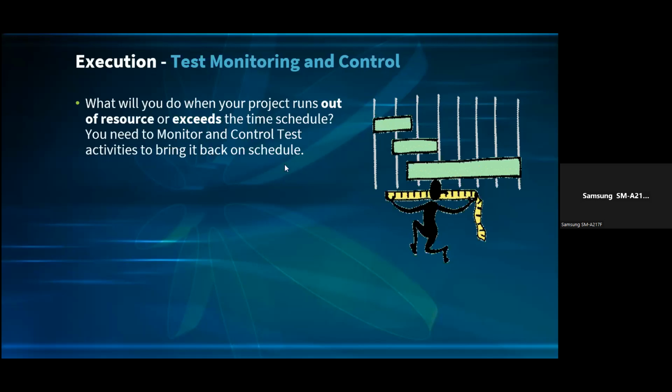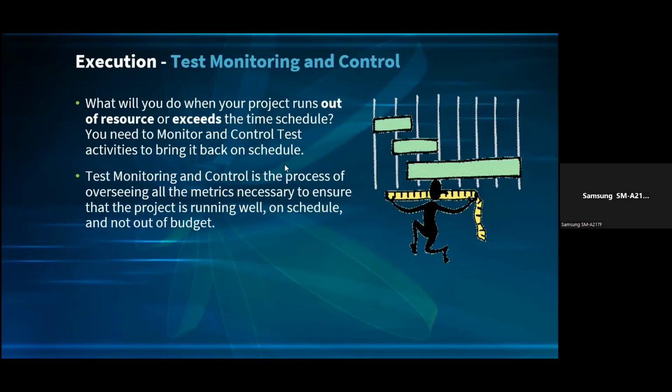We need to be careful also, because it's not that you want to put all the testers in just one project. No, but we need to know how the resources are, and that's why those things have to be considered when we are designing our test plan. So all these are the things that we need to monitor in the execution phase of the test management process.